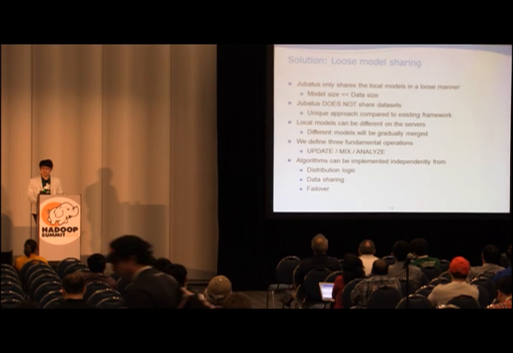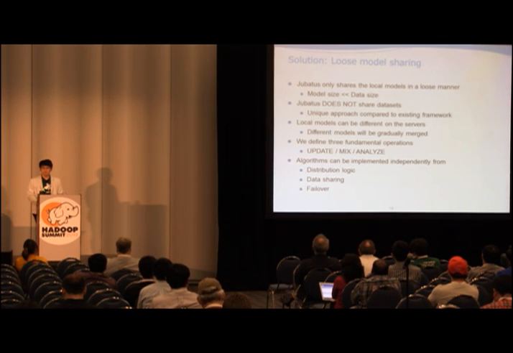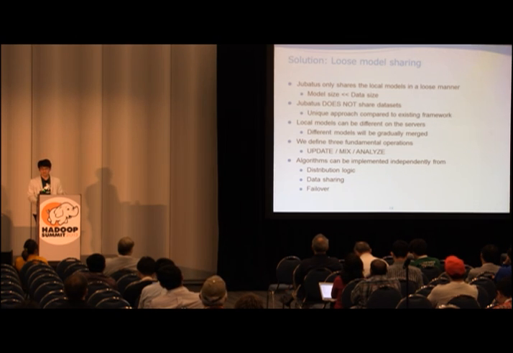So our approach is to make the model loosely shared between the servers. Actually, Jubatus only shares the local models in a loose manner because the model size is much smaller than the size of data for synchronization. So Jubatus never shares data sets between the servers, and this is a very unique approach compared to other frameworks for distributed machine learning.